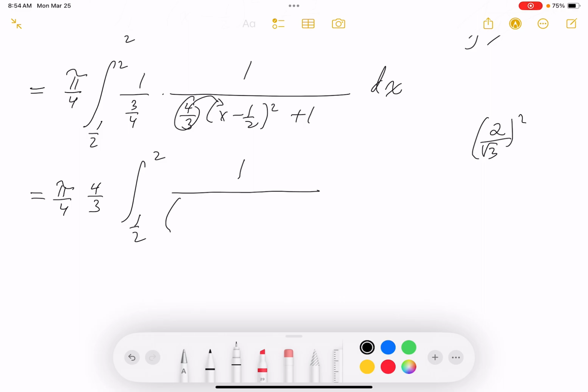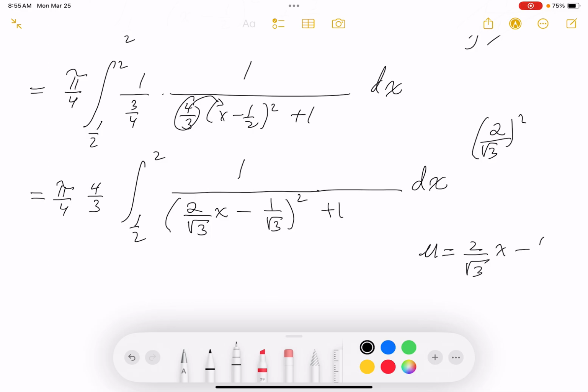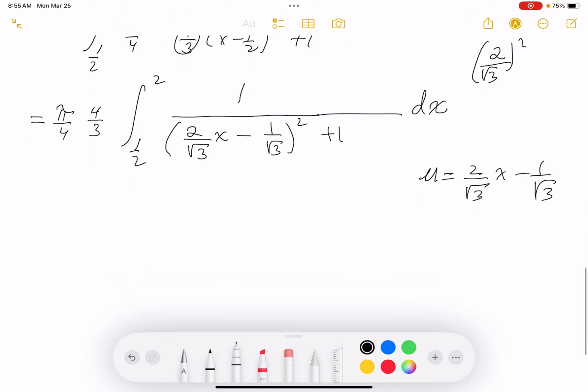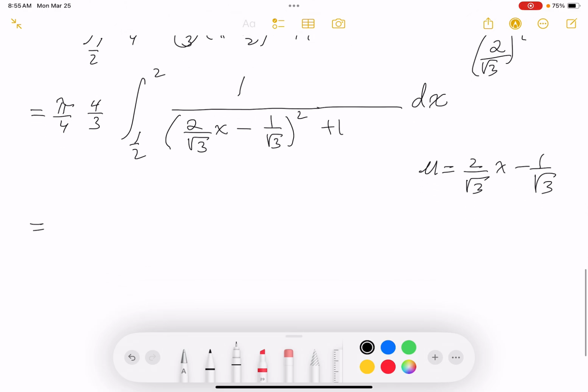What are you going to get? 2 over root 3 times x minus 1 over root 3, squared, plus 1 dx. I'm getting really close now. I'm going to make a u substitution now. I'm going to say u is equal to 2 over root 3 x minus 1 over root 3. And what do you get here? You're going to get pi over 3.